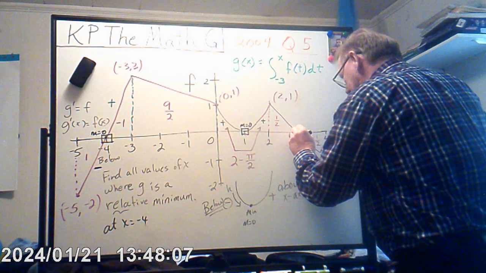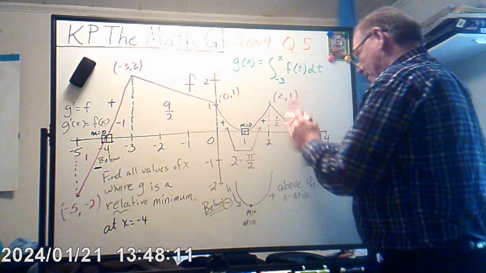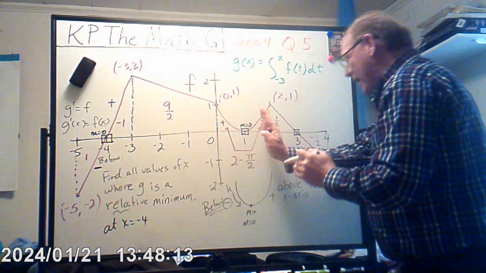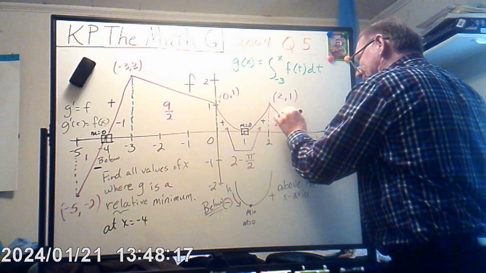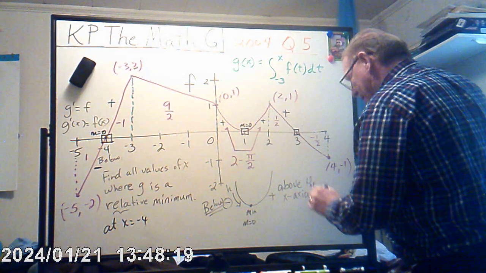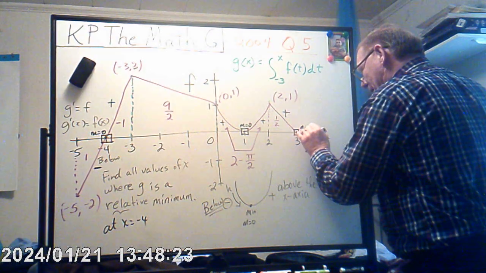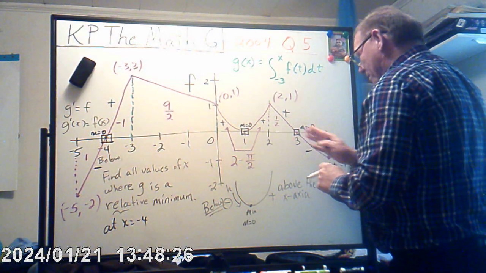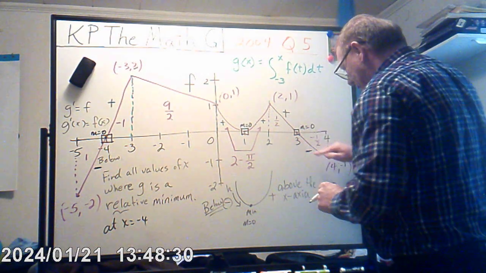Here's another place. If we read it from left to right, this part from here to here is increasing. The graph is increasing, and then it's decreasing. Here the slope m equals 0, so increasing, the slope is 0, decreasing.